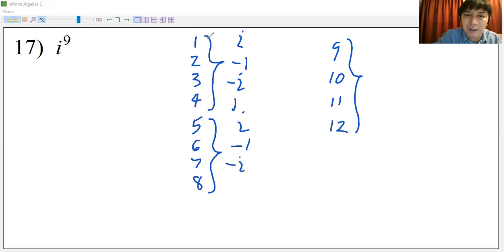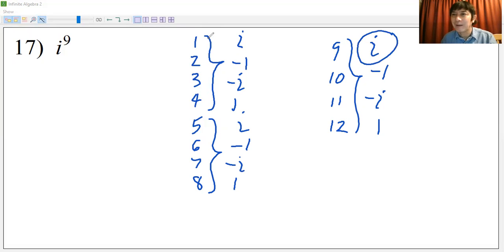The next 4 will be the same: i, negative 1, negative i, and positive 1. So we can very well see i to the 9 must be another i again. And so this is equal to i. The answer here is i.